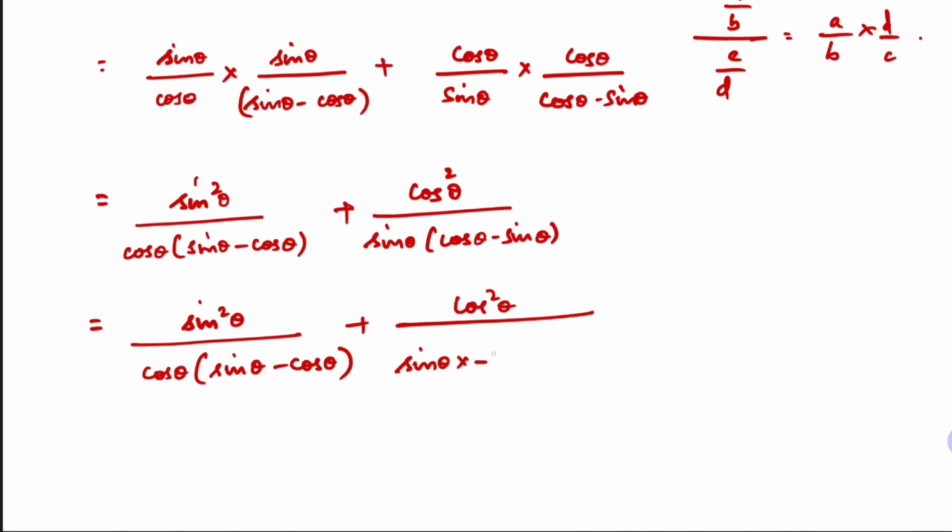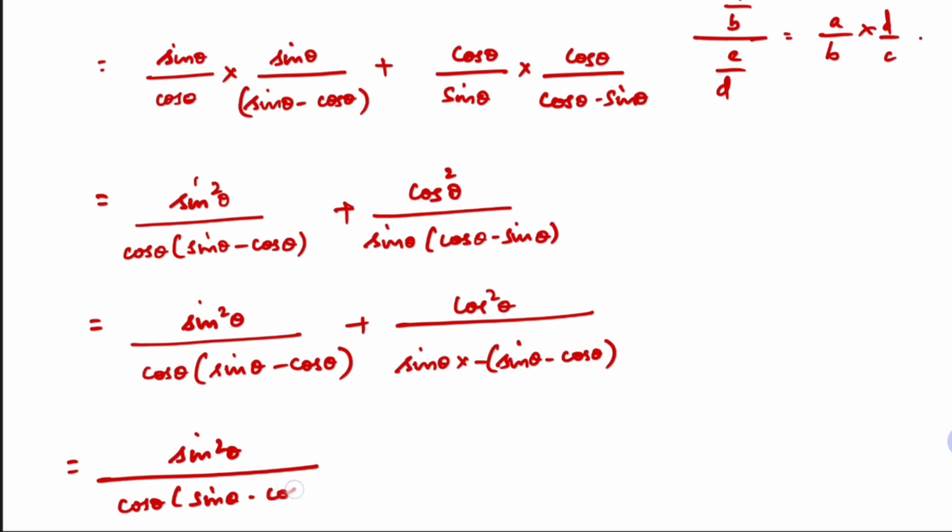Taking minus outside the bracket, we get sin theta minus cos theta. Further simplifying, we get sin square theta divided by cos theta into sin theta minus cos theta. Minus into plus gets converted to minus. Minus cos square theta divided by sin theta into sin theta minus cos theta.